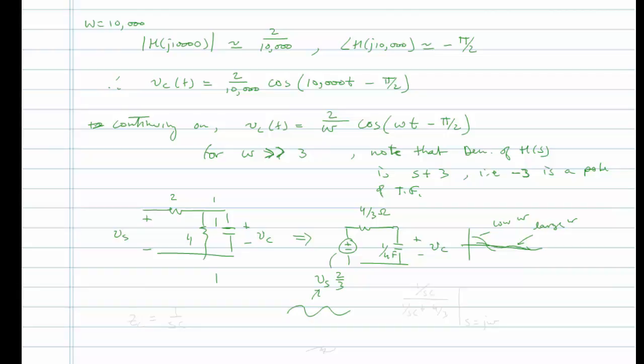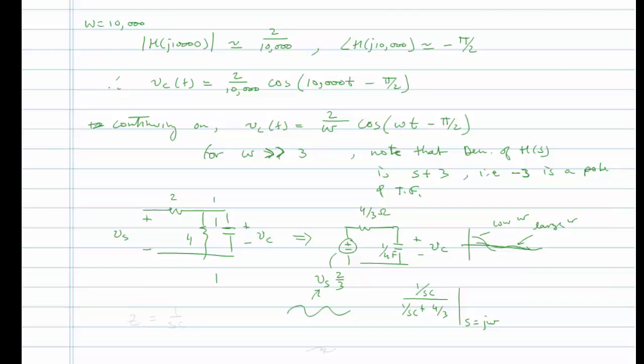But as you go to higher and higher frequencies, this voltage division, which is in the end 1 over SC over 1 over SC plus 4/3, where S is equal to j omega, the magnitude of this ratio tends toward 0.